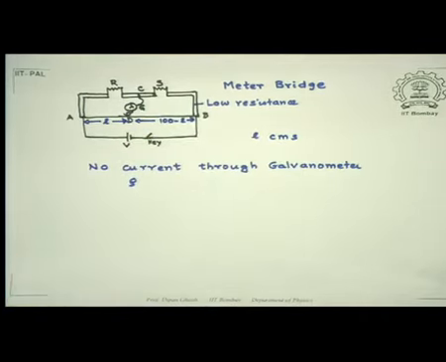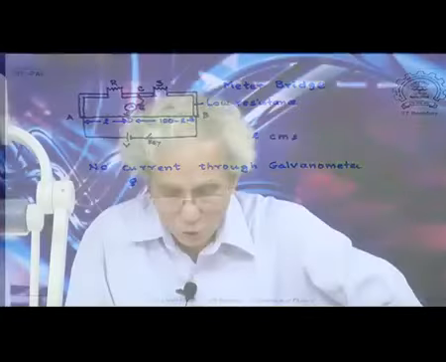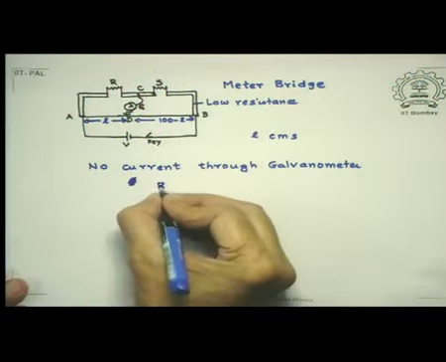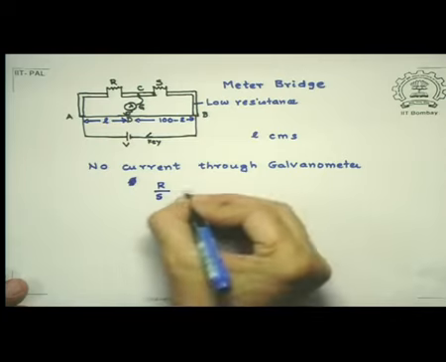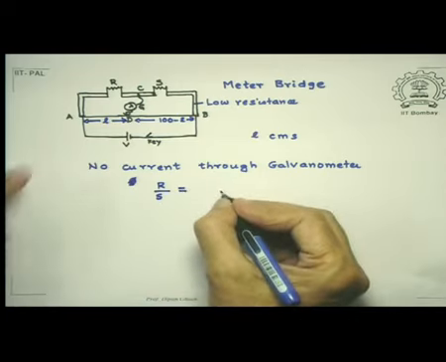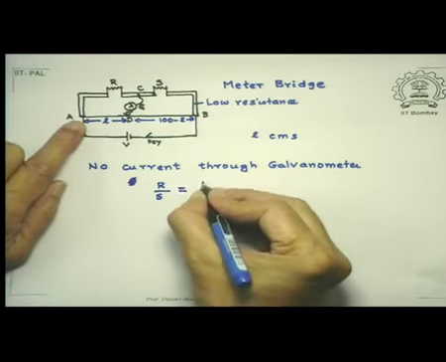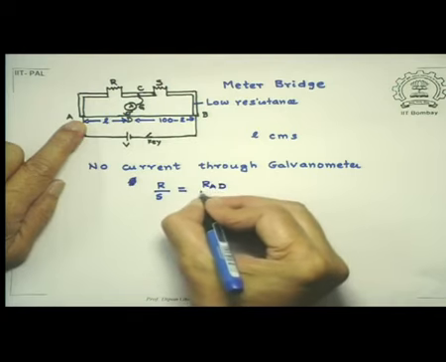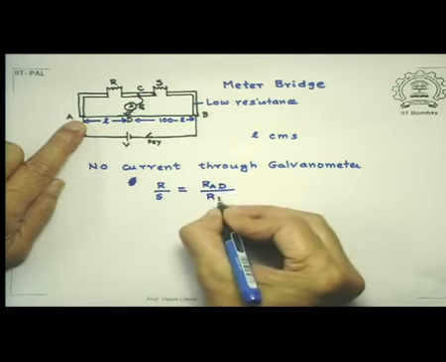So according to the principle of Wheatstone's bridge that we did, when there is null deflection, I get R by S must be balanced by resistance of the section AD divided by the resistance of the section DB.